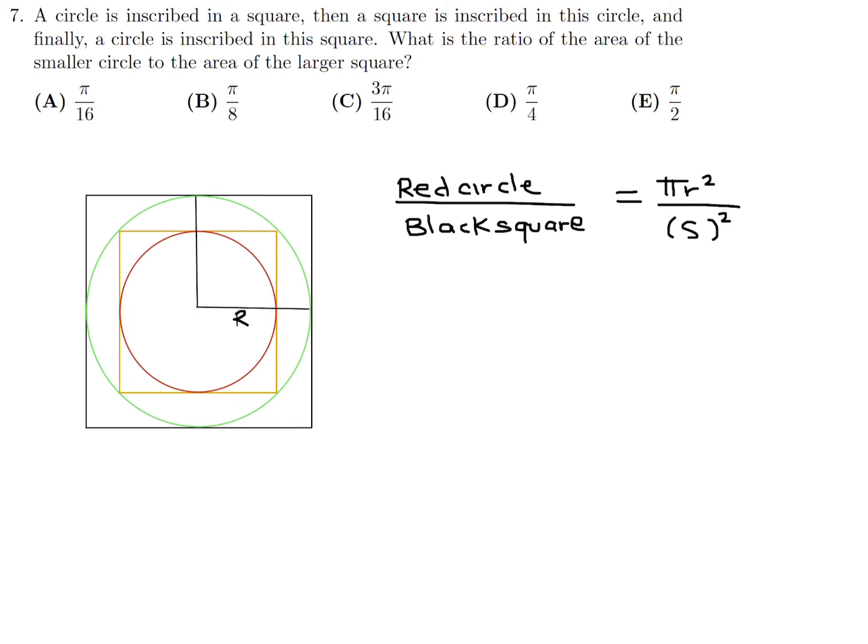And they also represent the side of the square. The side of the square essentially will be 2r. So this will be pi small r squared over 2r all squared, right? So I hope you're in agreement there. And then what I'm going to do is draw a line from the center all the way to the corner like that.